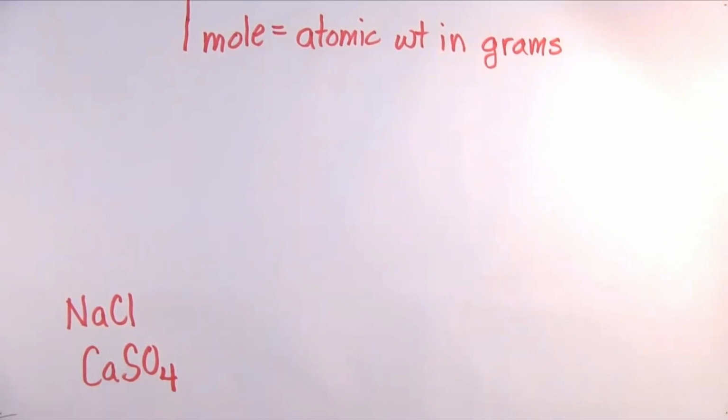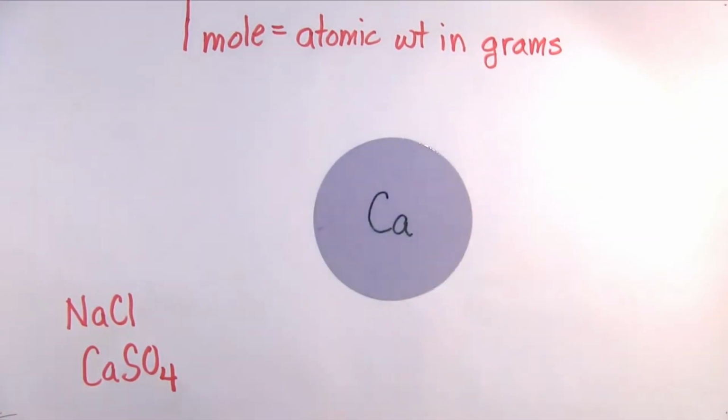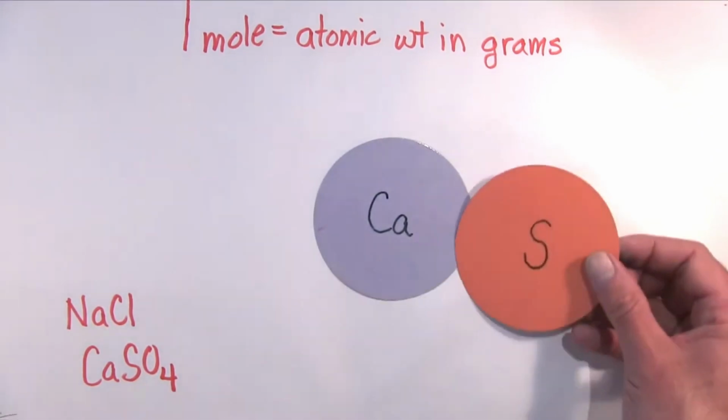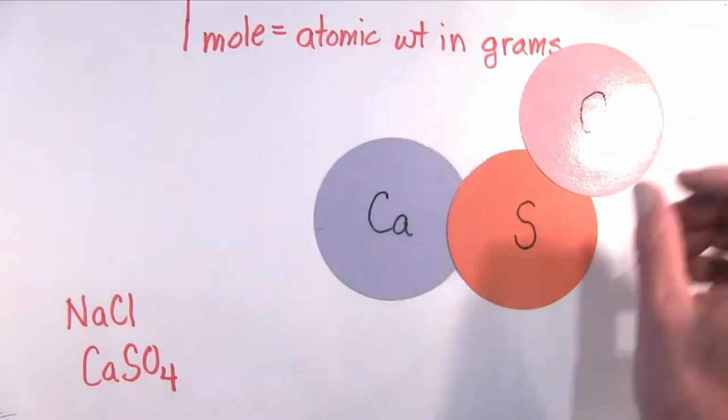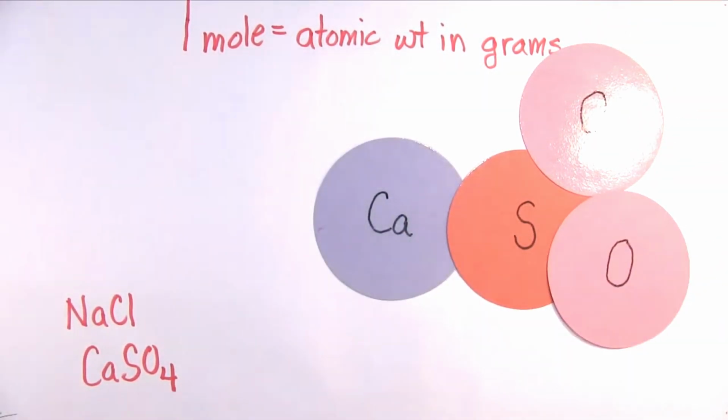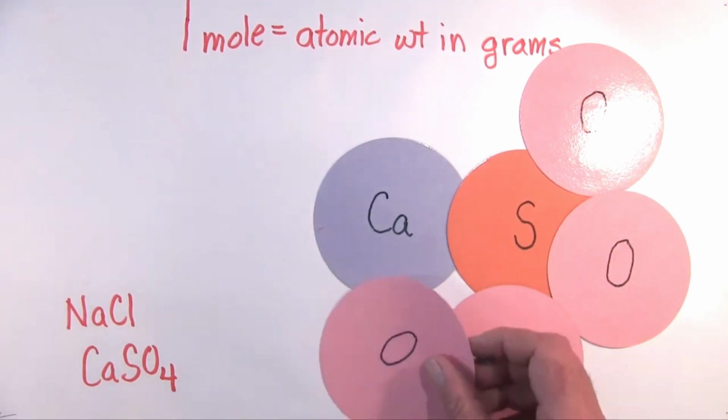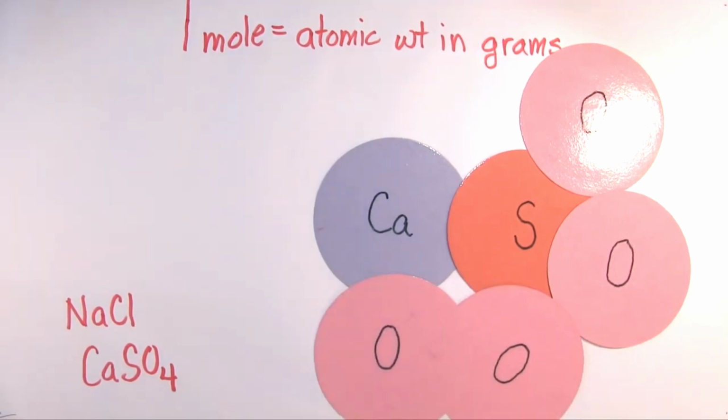This formula tells us we have one calcium, there's one sulfur, and there are 4 oxygens. It doesn't matter how you lay them around right now, but this gives you a visualization of what this looks like.